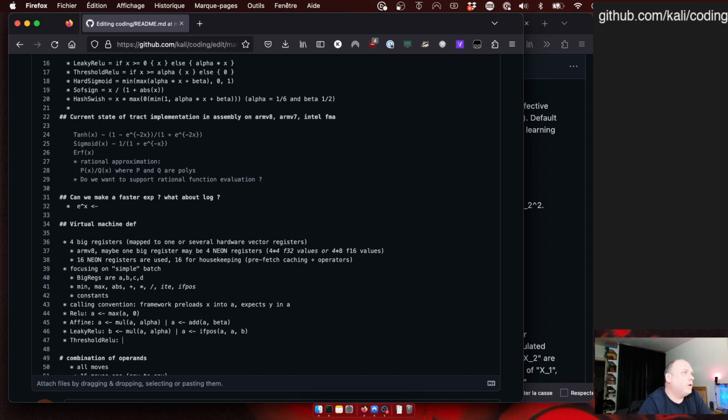So for threshold ReLU, I can try to do if pos. No, it's not if pos. So I need to copy x. So I'm going to put x in B, and then x is A. So in A I'm putting A minus the constant alpha, and in A I get if pos of A. So if it's positive I take B, else constant 0.